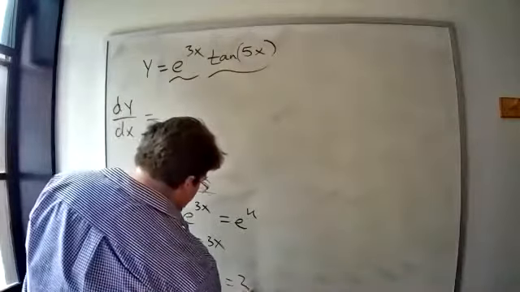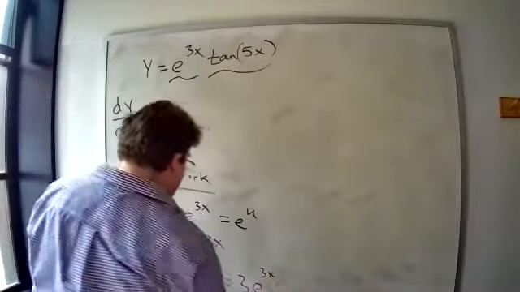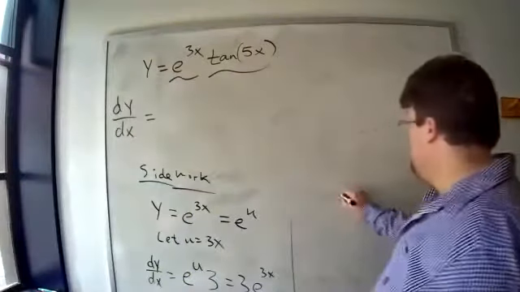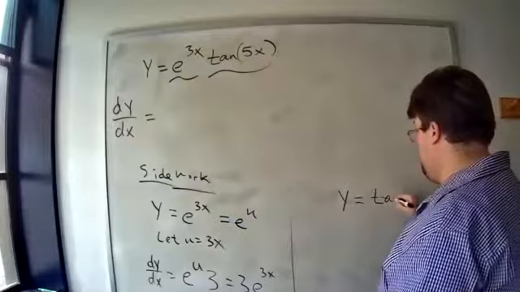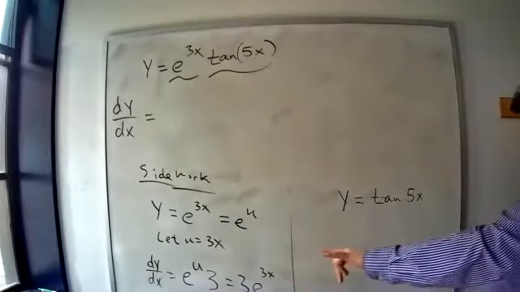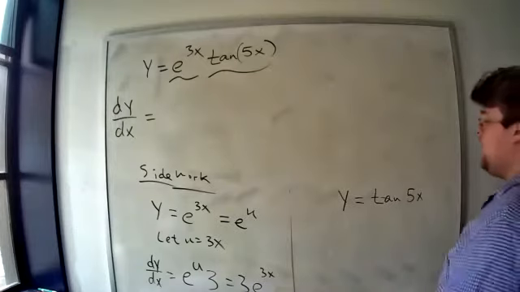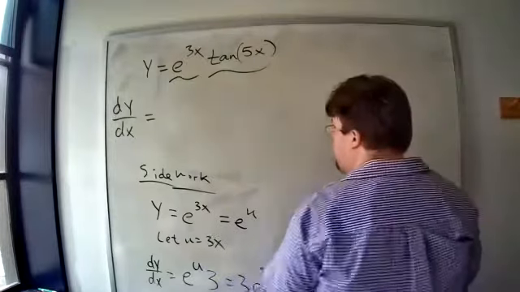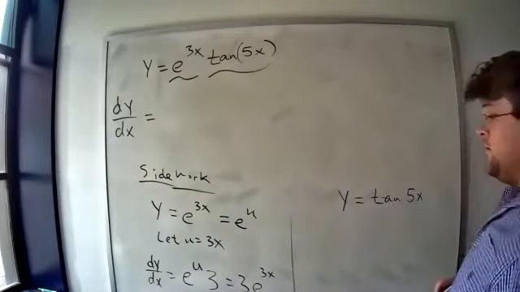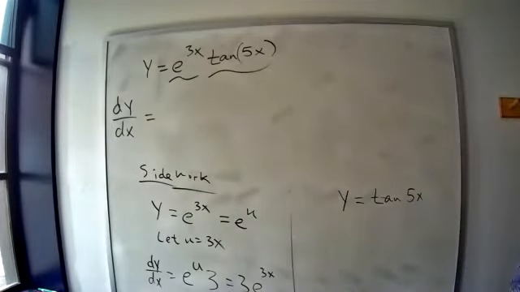And this simplifies to what? 3e to the 3x. Any questions about that first part of side work? So we found the derivative of e to the 3x, which we're eventually going to need up here. We got 3e to the 3x. Any questions about that?